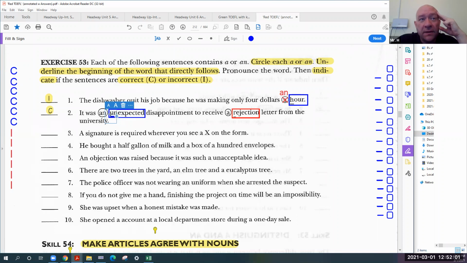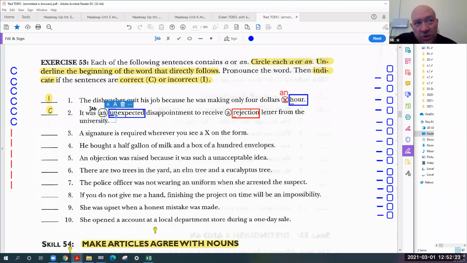See that? Unexpected. Does your book have a line? If you have a book, no, you guys don't have a book. Maybe my box is covering the line. Okay, an unexpected disappointment, to receive a rejection.